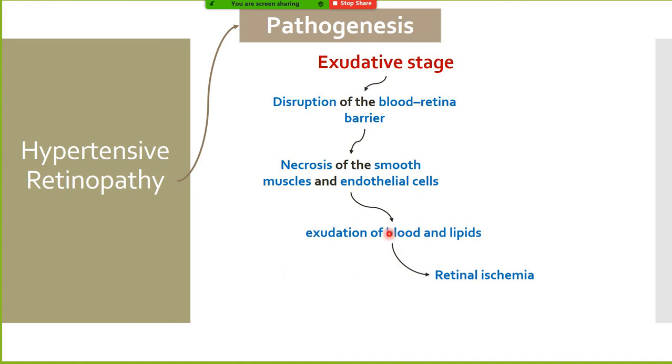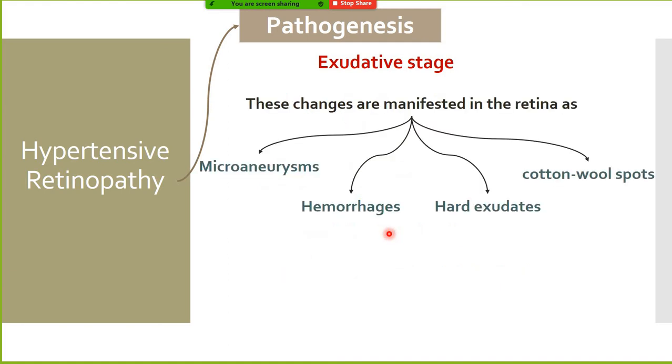So these are the major considerations to think about. Exudative changes can be further classified into microaneurysms, hemorrhage, hard exudates and cotton wool spots.